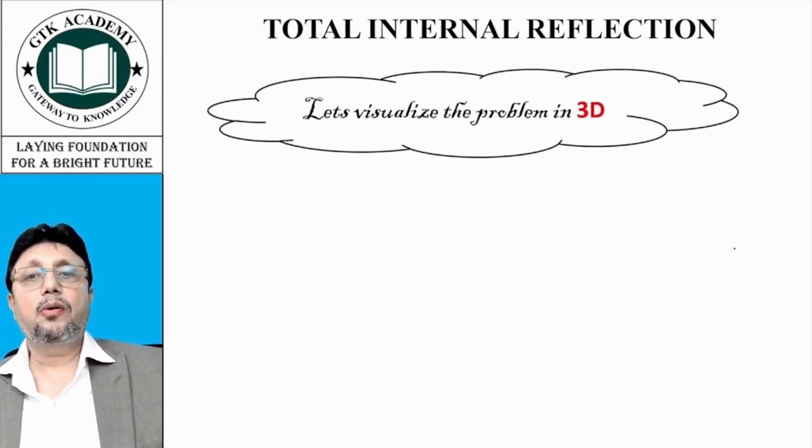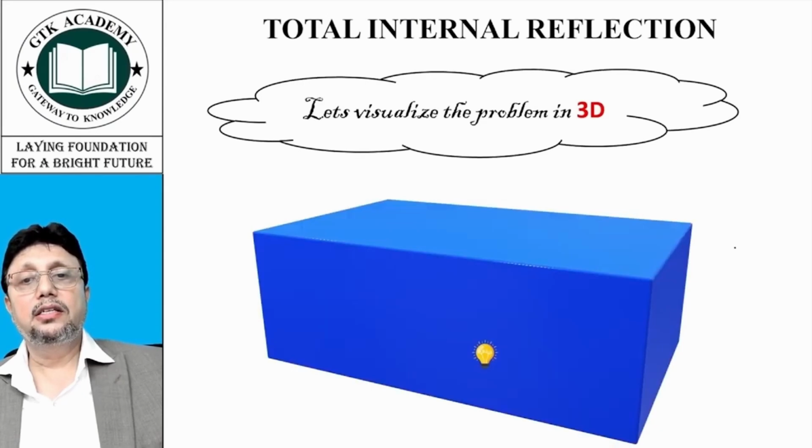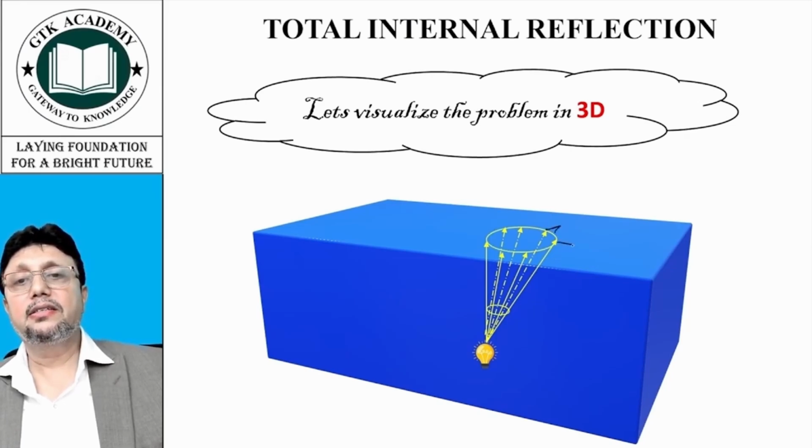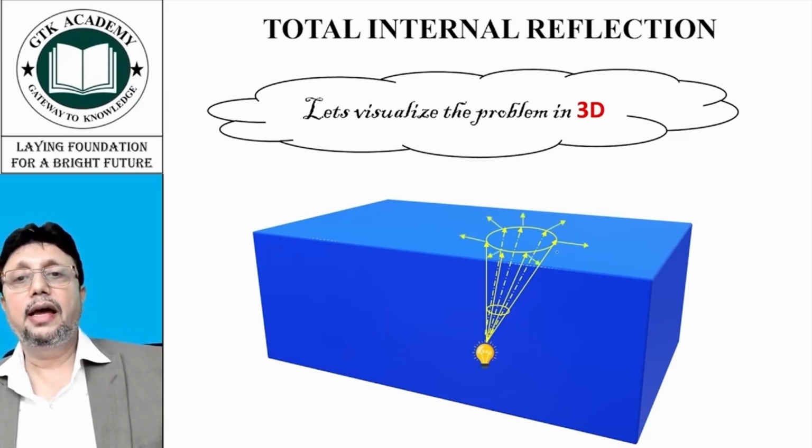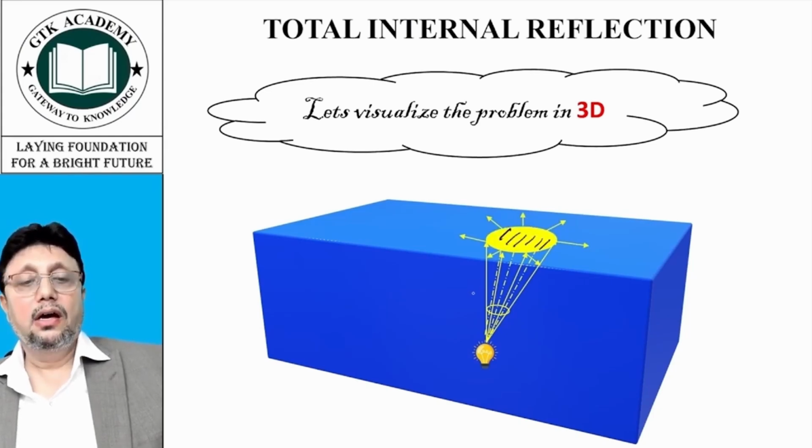So let's visualize the problem in 3D before solving that. This is the bulb, the light comes out, and this is the cone, and from here the light grazes on the surface like this, and you can see the shining surface like this.